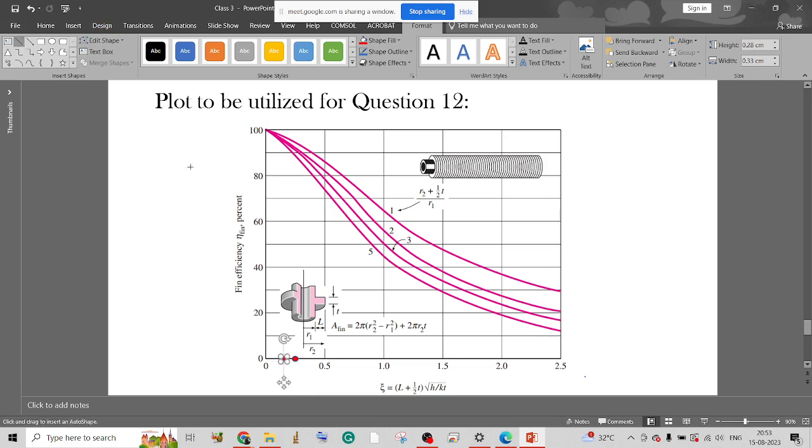So if we extend this, it will be almost here, right? Yes, ma'am. If it is almost here, then this is a gap of 20, right?